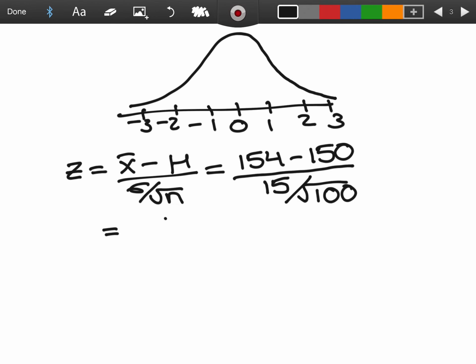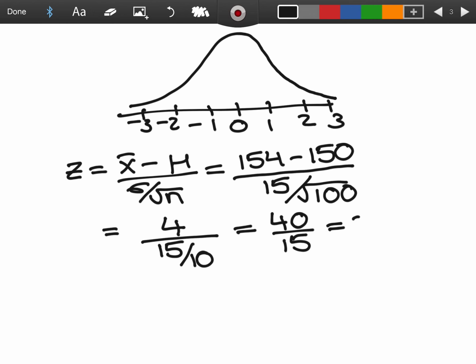Okay, so that's going to be 4 over 15 over 10, which is going to end up being 40 over 15. Let's do a quick calculation. So it's going to be 4 divided by 1.5, and that's going to end up being 2.667, so 2 2/3.